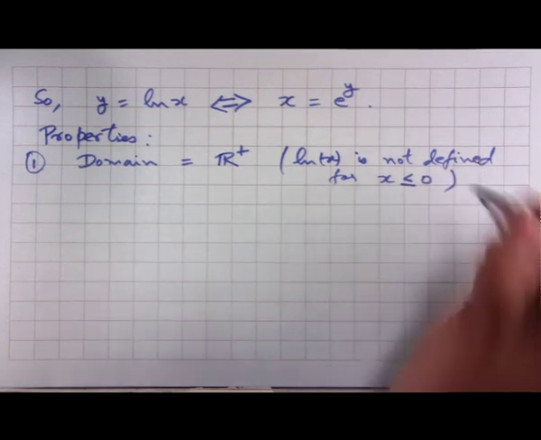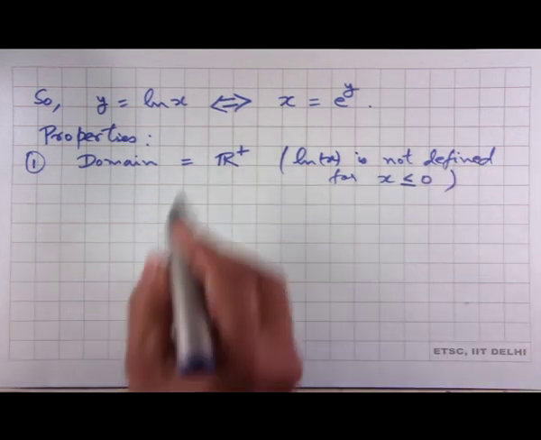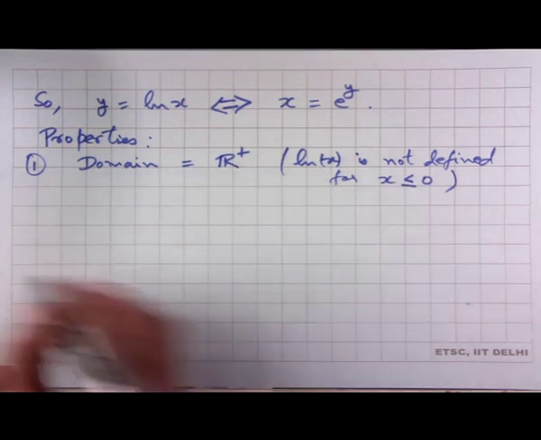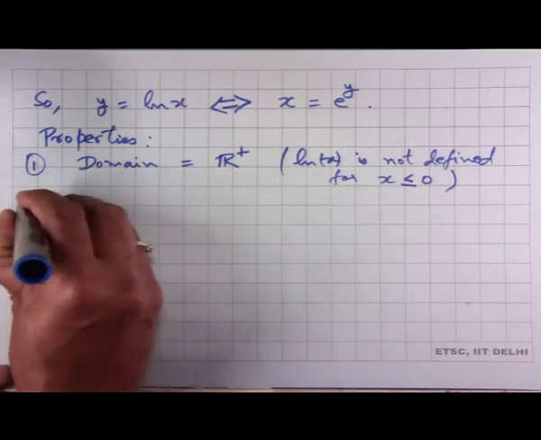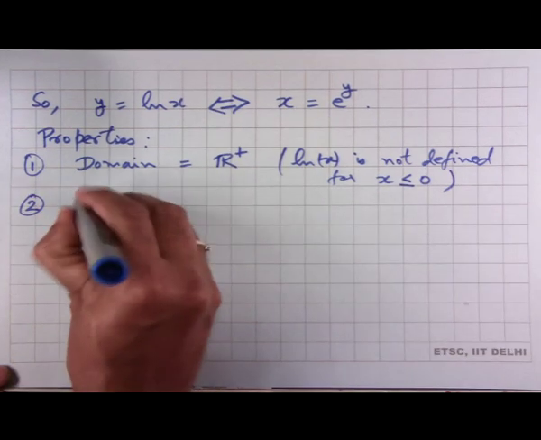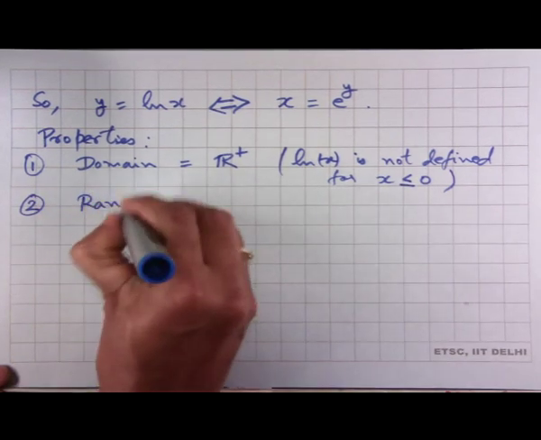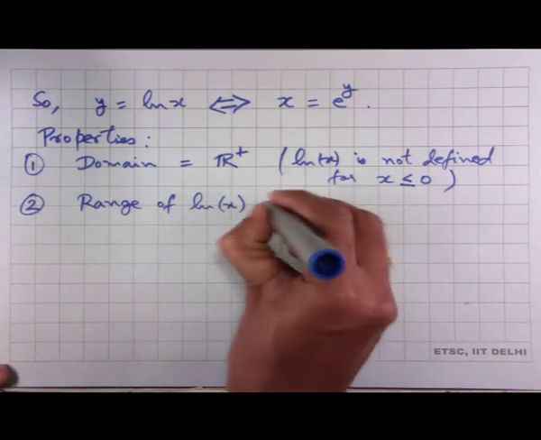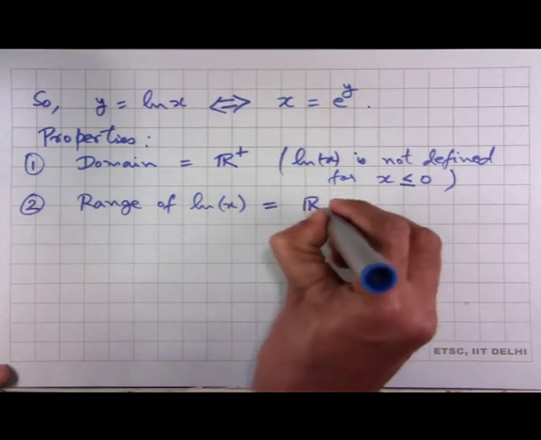For x less than or equal to 0, this is not defined. Ln x is defined only for all positive real numbers. The range of ln x is the set of all real numbers.